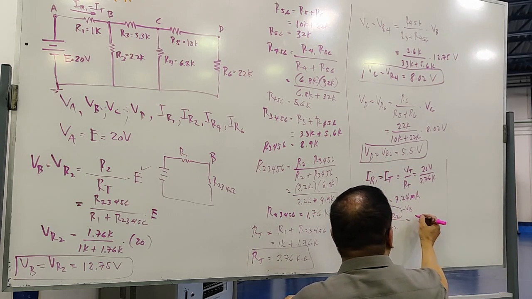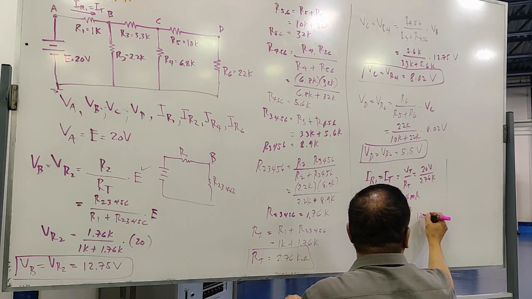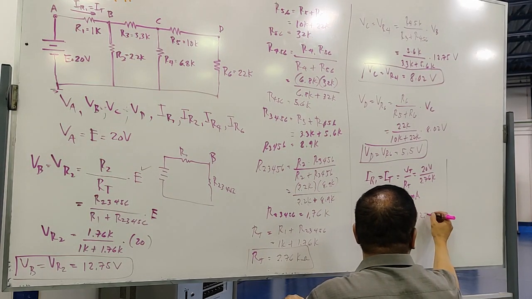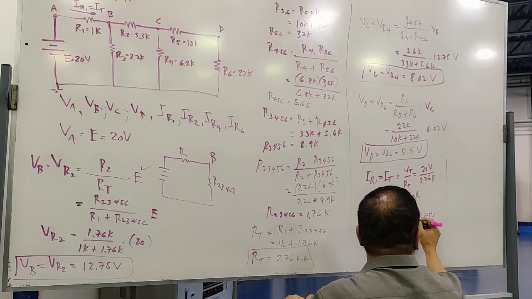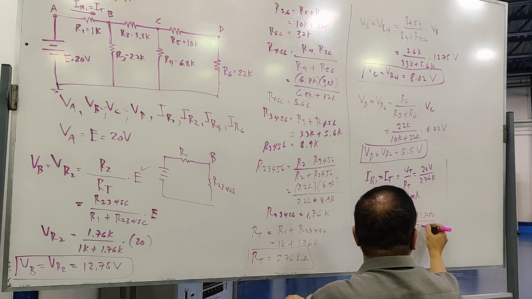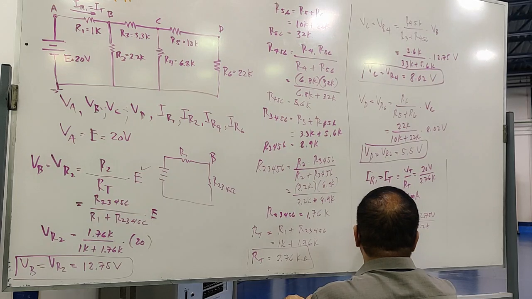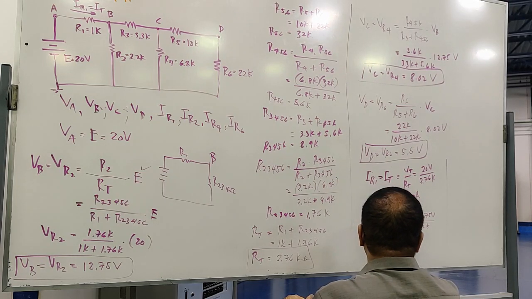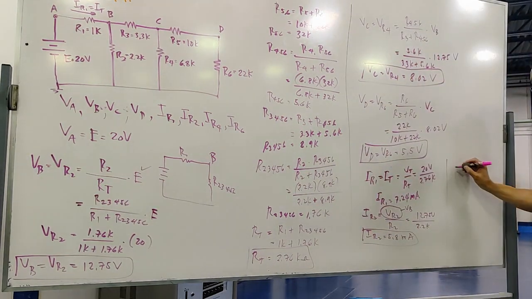So how much is VB? 12.75 volt over 2.2 kilo R2. So how much is IR2? 5.8 milliampere.